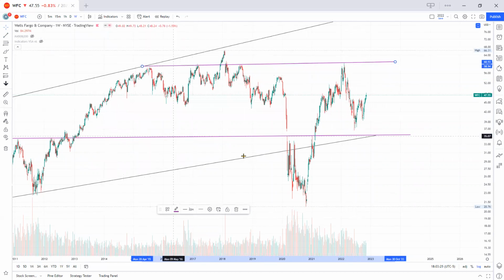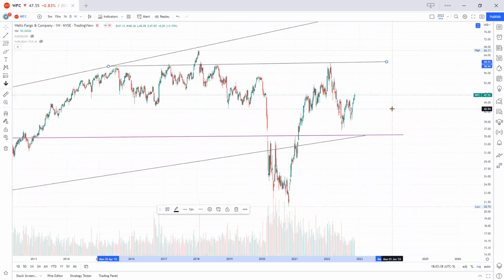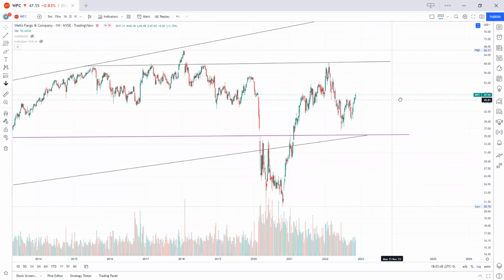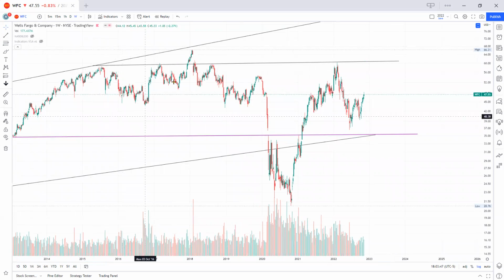It doesn't have to be exact because as you move down the time frame from weekly to daily, even to hourly, or even to the 15-minute, then your trend lines can get even tighter, more precise. Okay, so this one looks like a good one. Okay, so to me, look, this is like a channel. Price could be bouncing back and forth here.